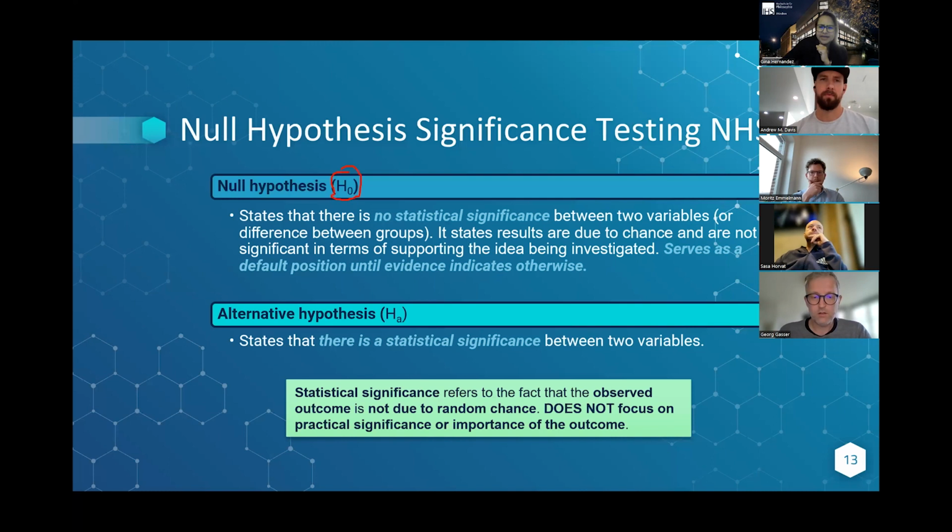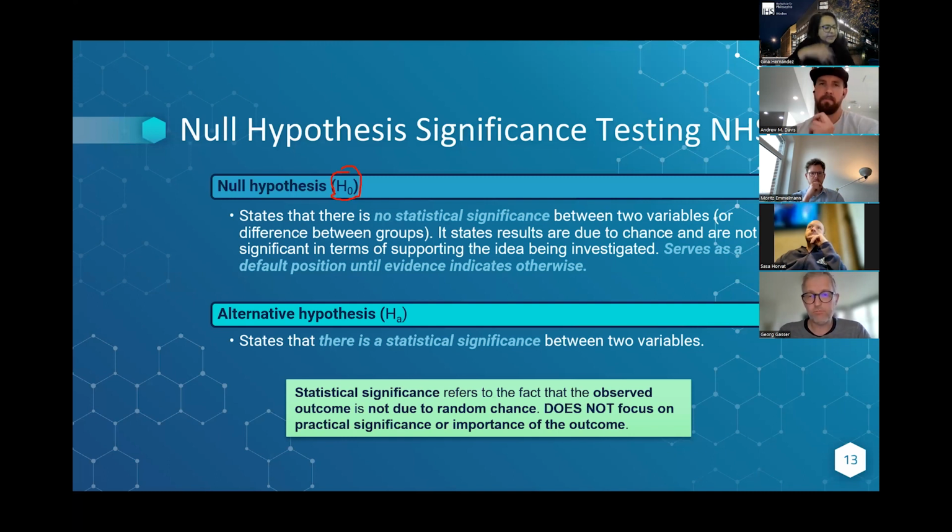Now, what do we mean by statistical significance? Let's explore an example. Let's say that we are running a study regarding attending psychotherapy and then assessing levels of anxiety.